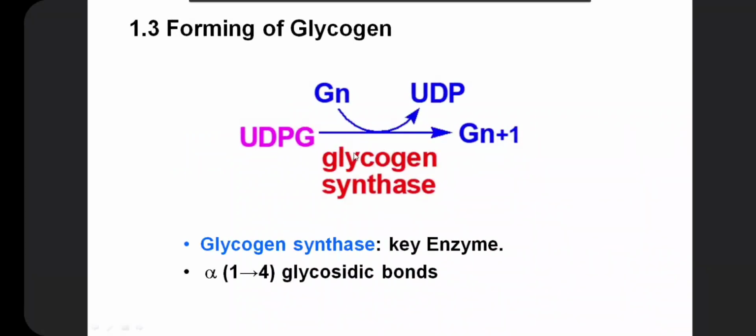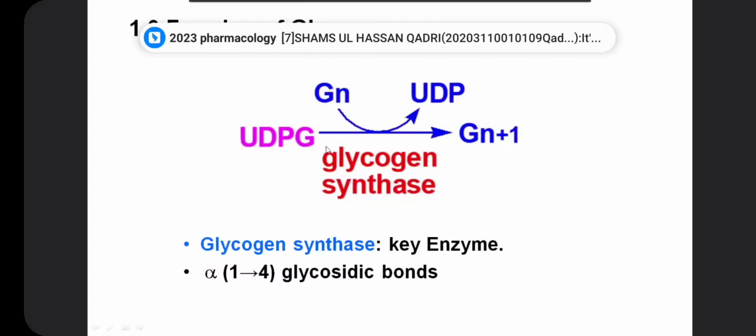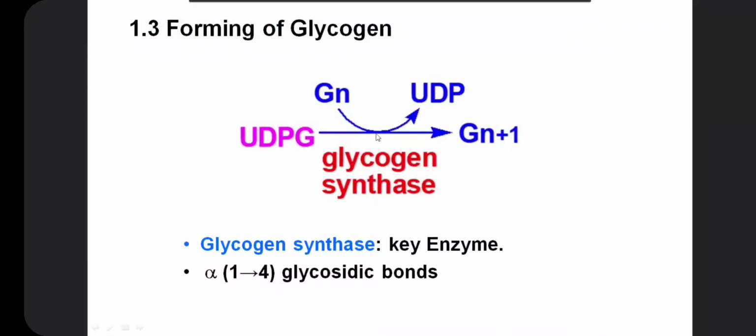And next, after forming the primer, the synthesis of the glycogen uses UDPG as a glucosyl donor, and this reaction is catalyzed by the enzyme glycogen synthase. Glycogen synthase catalyzes the formation of the glycosidic bond between carbon 1 of the glucose of the UDPG and carbon 4 of a terminal glucose residue of glycogen.